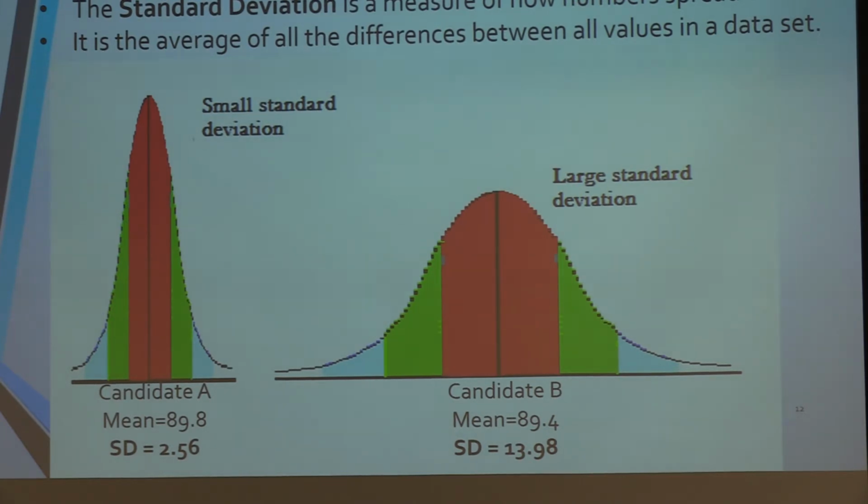Now what about if in the pre-test you got a low mean and a low standard deviation, and in the post-test you get a high mean and a larger standard deviation, what does it mean?